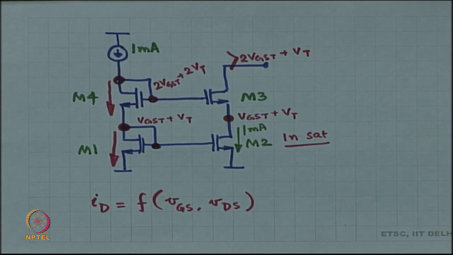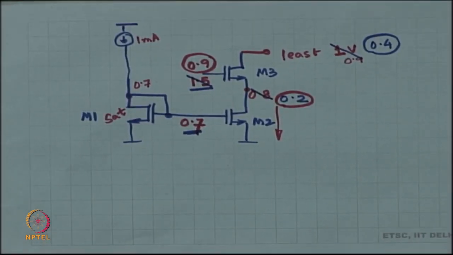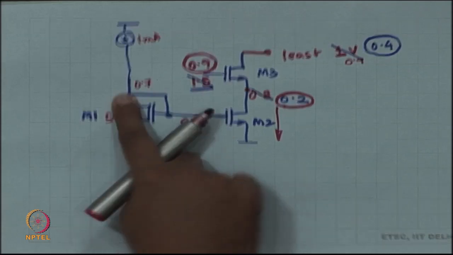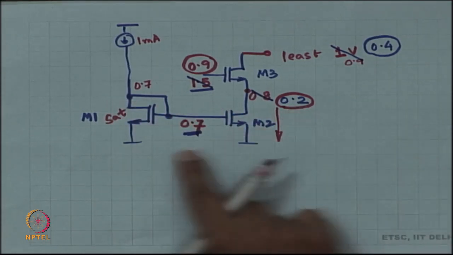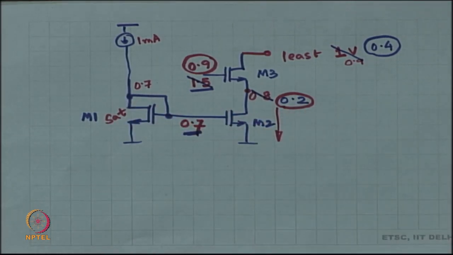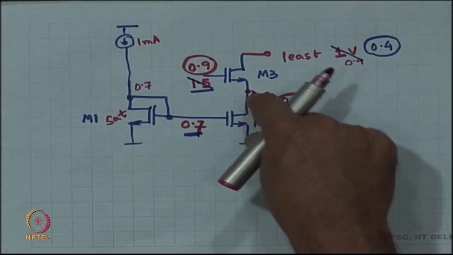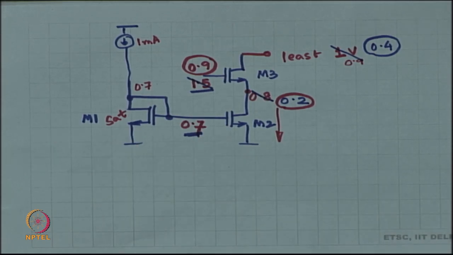Now, this feature was not there earlier. Earlier, whatever we did, this drain was at 0.2, this drain was at 0.7. So VGS was equal, but VDS was different, which means that there could be a slight difference between the actual current in M2 and the current in M1.